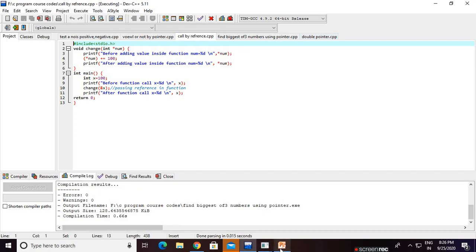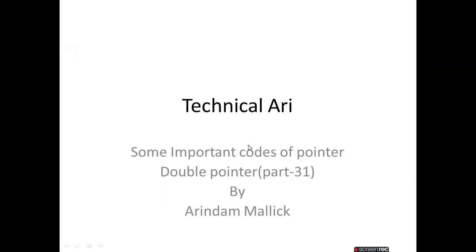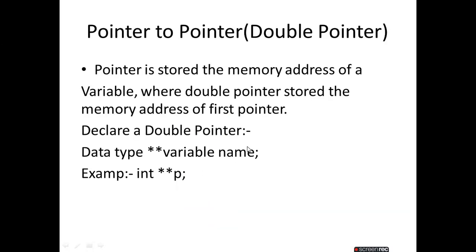Next, again go to our slide. What is a pointer to pointer, or we can say a double pointer? What do you mean by double pointer? What is a pointer storing? The memory address of another variable. We know that. A pointer basically stores the memory address of another variable.